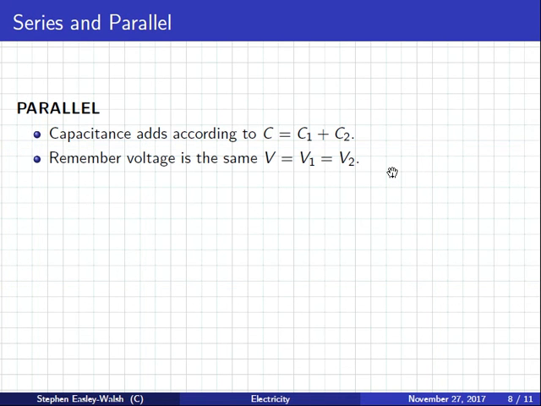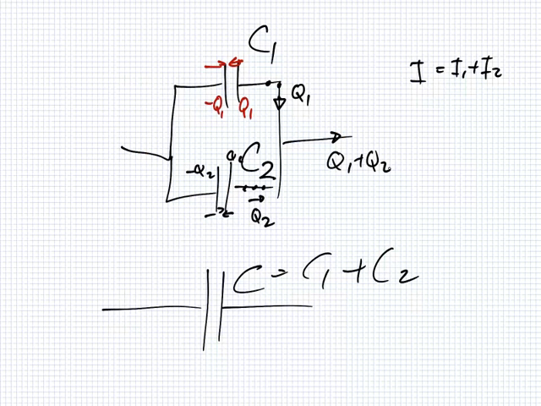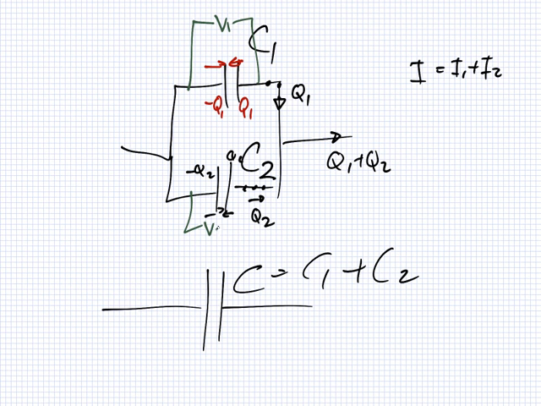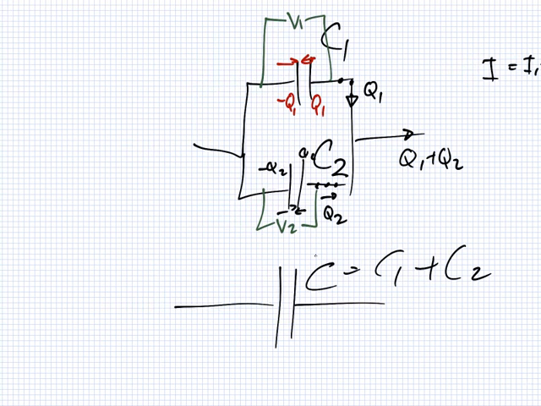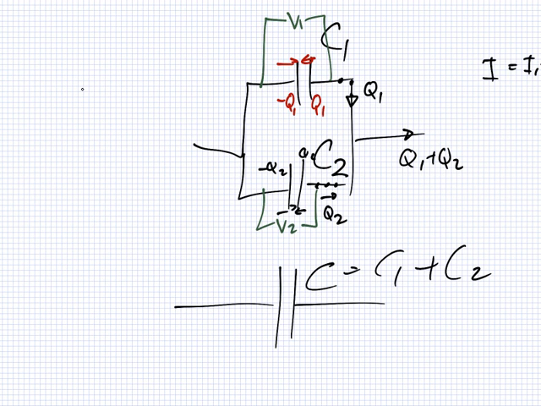Also, please remember that the voltage is equal. So here, the V1 will be equal to the V2. Now that also gives you another clue, because they're in parallel. We said voltage is the same in parallel.